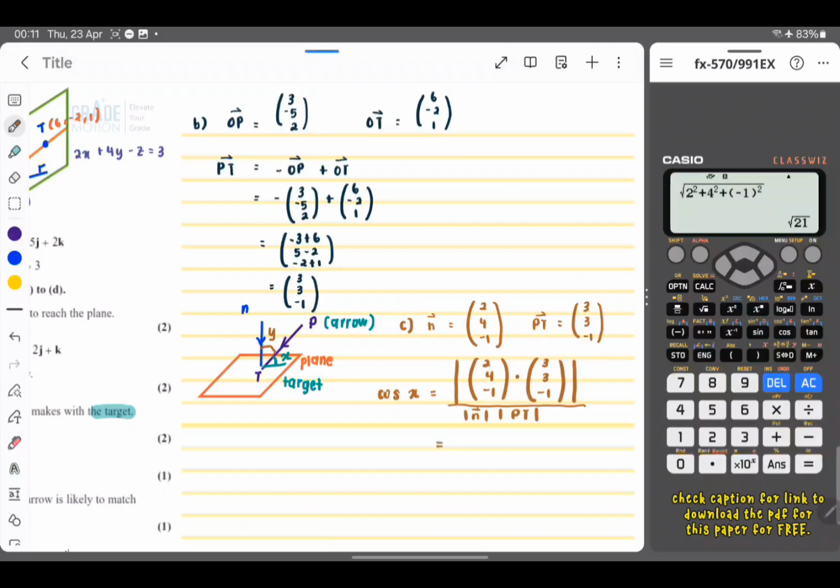We do the dot product up here: 2 multiplied by 3 plus 4 multiplied by 3 plus -1 multiplied by -1, over the square root of 2 square plus 4 square plus -1 square, and then the second modulus, 3 square plus 3 square plus negative 1 square.